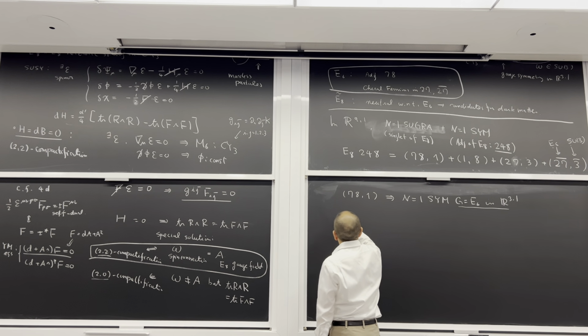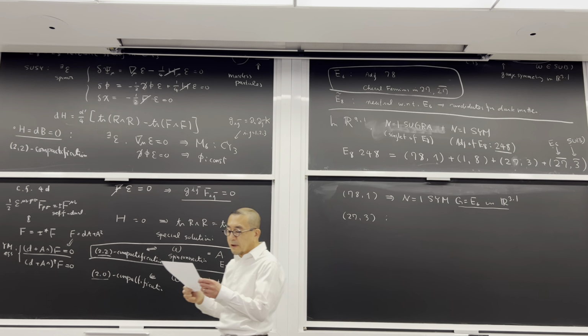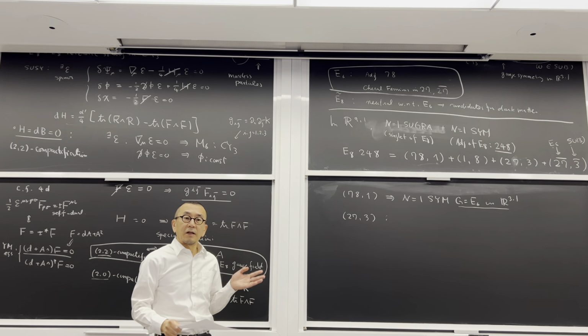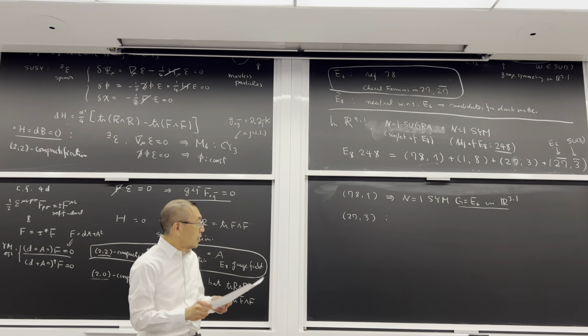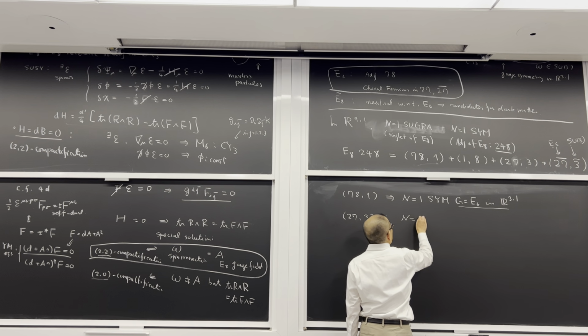So what is this (27,3)? Okay, so this is in the fundamental representation of E6. So you can think of this as some kind of matter field. So these are N=1 chiral multiplets.